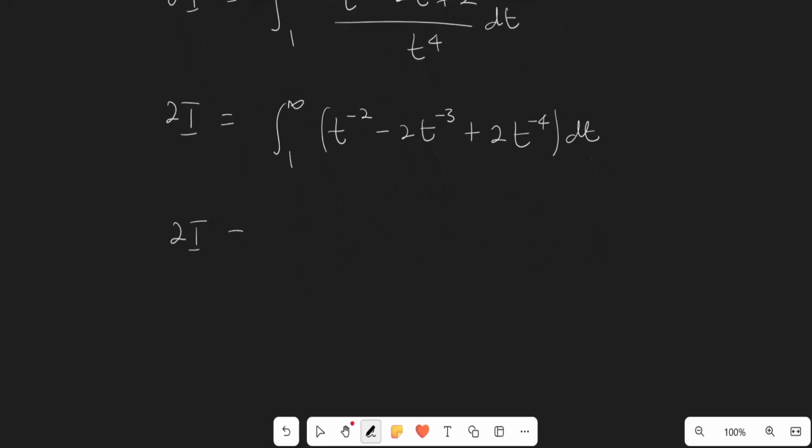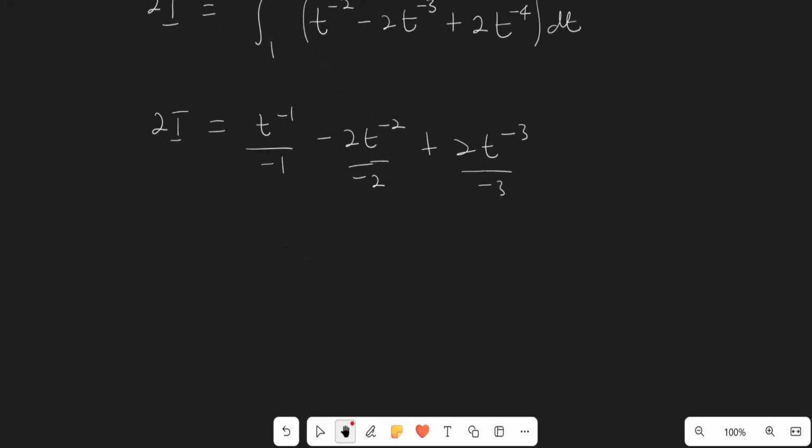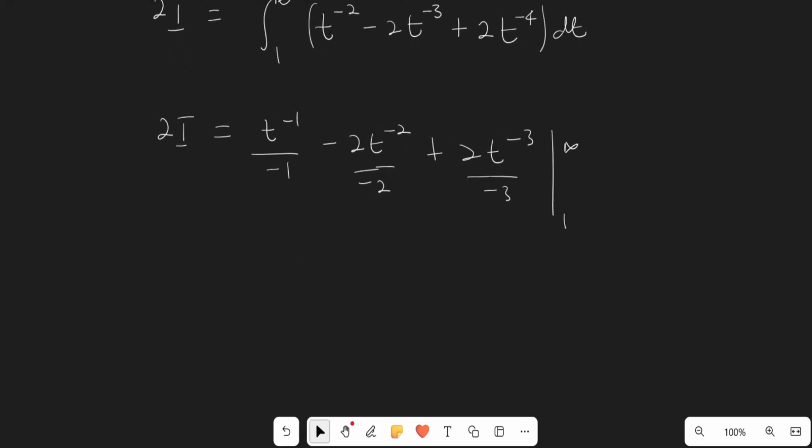So 2I is going to be integrating this, that is t to the negative 1 over negative 1 minus 2t to the power negative 2 over negative 2 plus 2t to the power negative 3 over negative 3, integrating that from 1 to infinity. So 2I is going to be negative 1 over t plus 1 over t squared minus 2 over 3 times 1 over t to the third, integral from 1 to infinity.